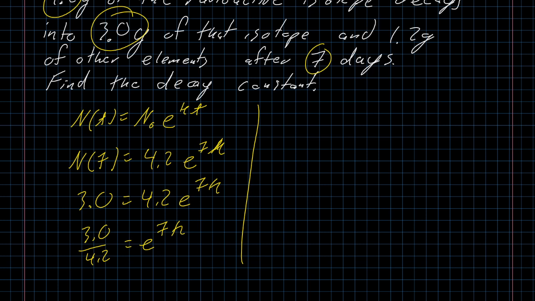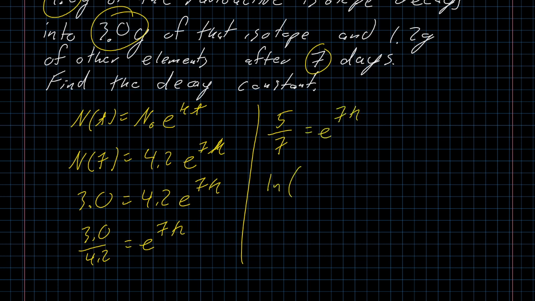This is math class, not physics class, so I'm going to stick with fractions, although this is definitely one of the few places in the course where if you grab a calculator and do a decimal approximation, that's fine. But 3.0 over 4.2 is the same thing as 30 over 42, which is a fraction that reduces to 5/7.